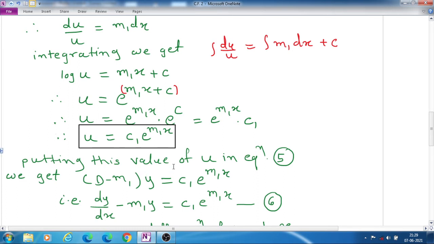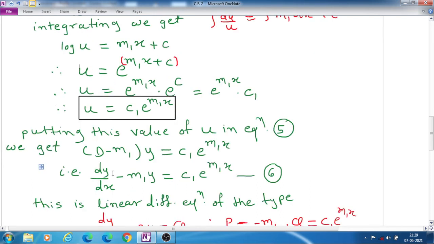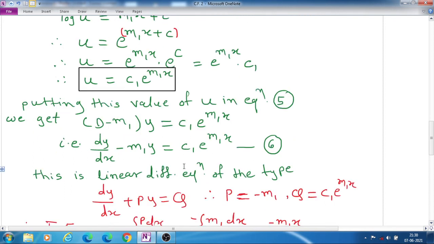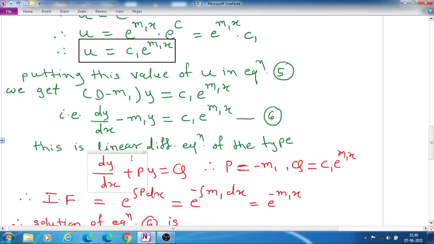Now we substitute this value in the above equation, equation number 5. That equation was d minus m1y is equal to u. So we substitute the value of u and we get d minus m1y is equal to c1 e raised to m1x. Now we solve this.